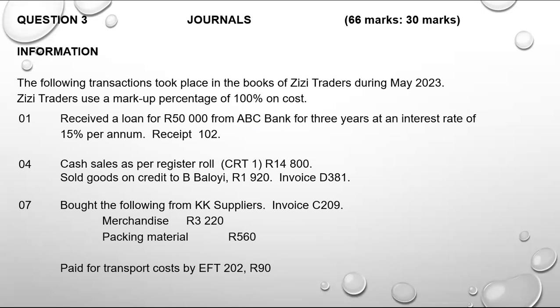As I said, credit sales, debtors journal; cash sales, cash receipts journal; credit card sales. When a person buys from us using a credit card, I have emphasized this so many times, and there are people who think that when a person buys anything from the business with a credit card, it goes to the debtors journal.